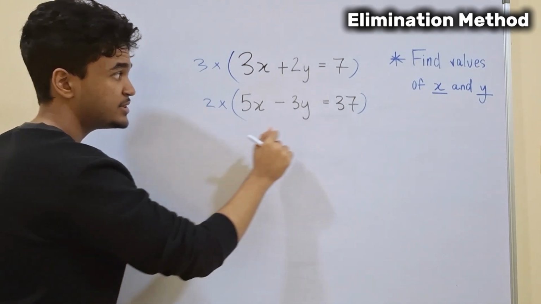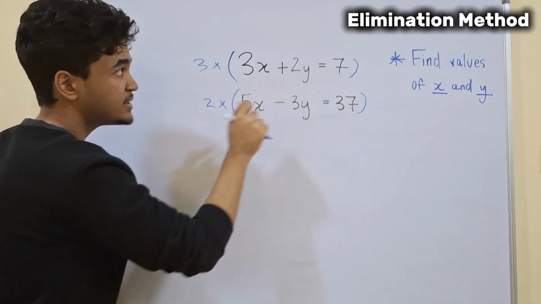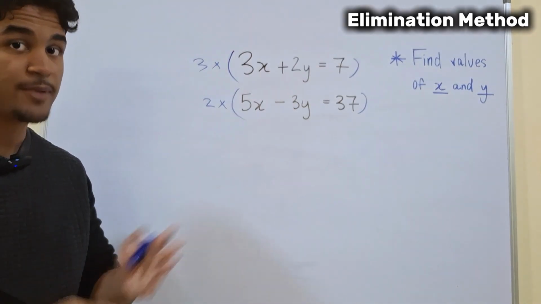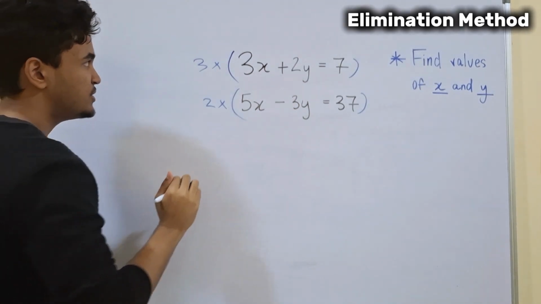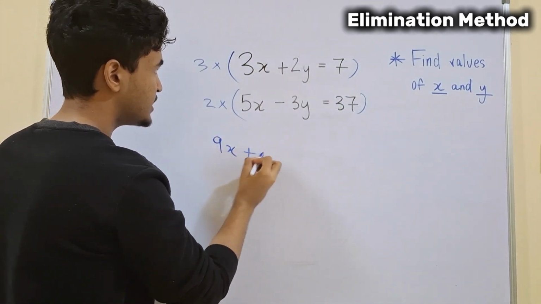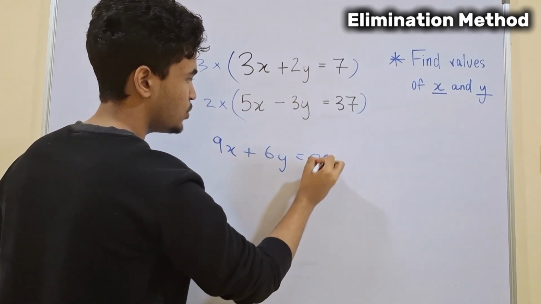Because 2 times negative 3y is negative 6y, and 3 times 2y is 6y. So 6y and negative 6y, we can cancel them. So let's do that. We're going to get what? 9x plus 6y is equals to 21.